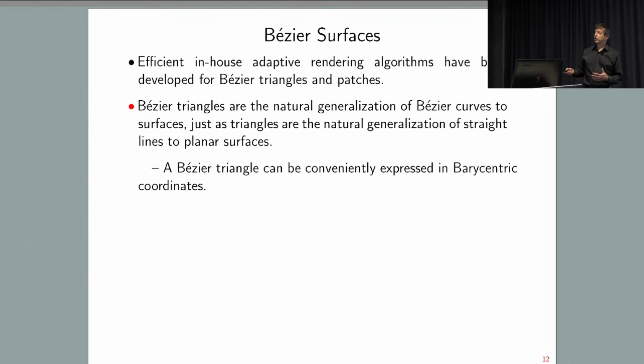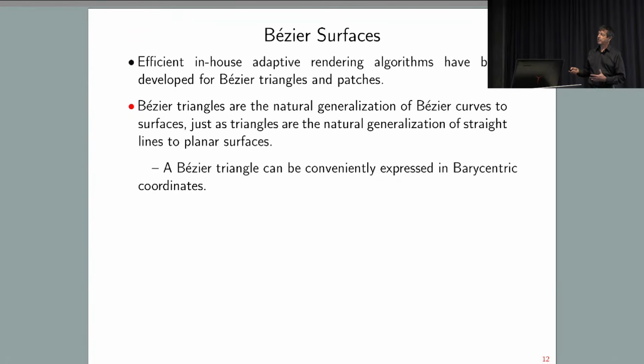So Bezier triangles are the natural generalization of Bezier curves to surfaces, just as triangles are the natural generalization of straight lines to planar surfaces. So the Bezier triangles are curved, and they also have one interior control point that you can use to lift the interior up or down a little bit. So they have a total of 10 control points.